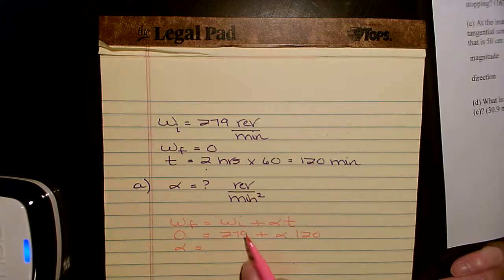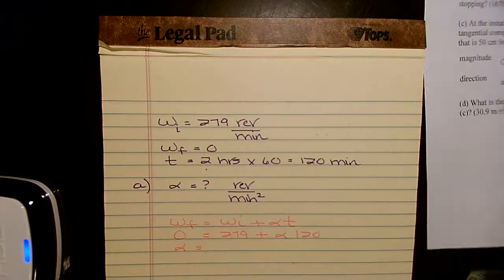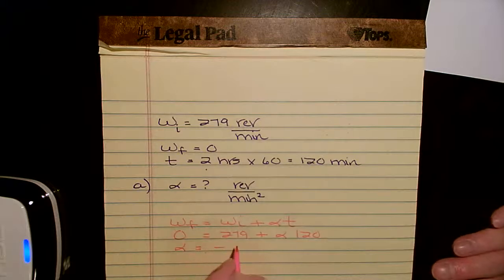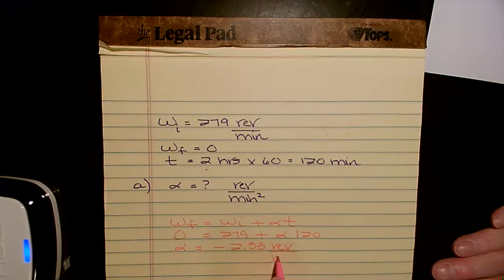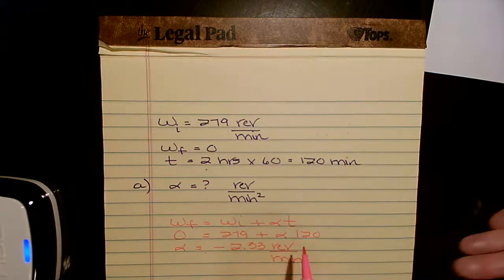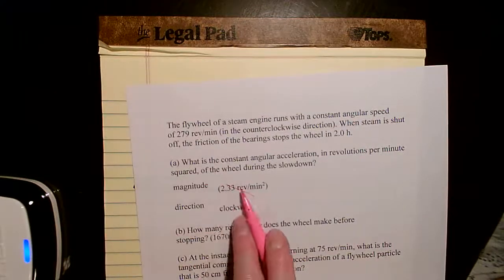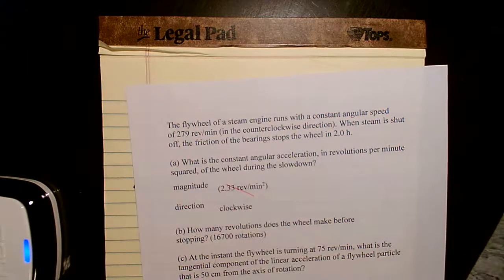So you can see that we're going to bring the 279 over, and my alpha answer should turn out to be negative, and I get 2.33 revs per minute squared. And you can see that answer is correct, 2.33 revs per minute squared.